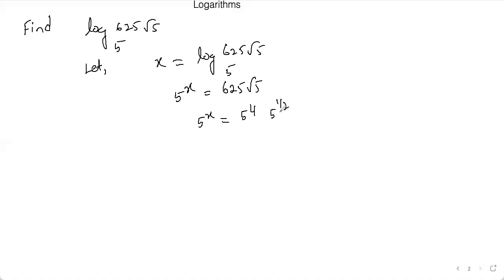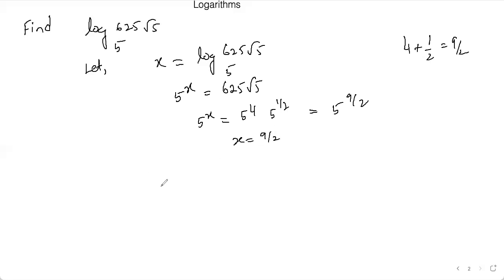So which would be equal to, when you simplify 4 plus 1 by 2, which will result to 5 to the power of 9 by 2. Okay, so taking the powers and then we equate it. So x will be 9 by 2.